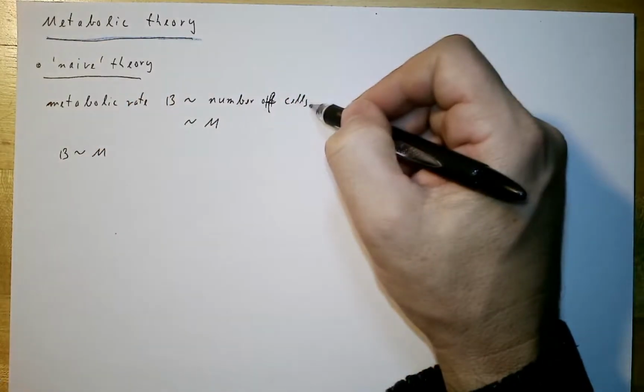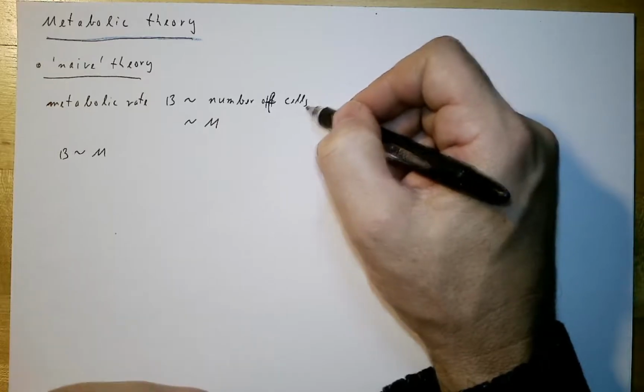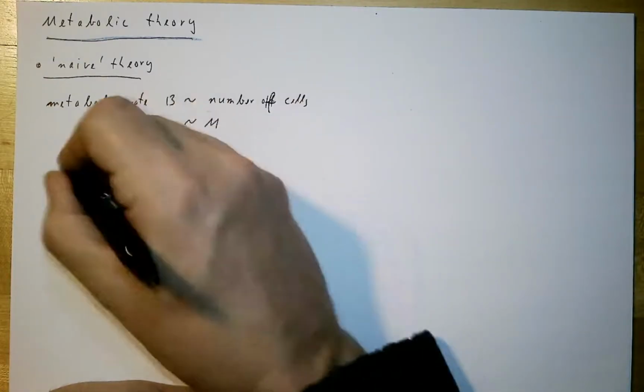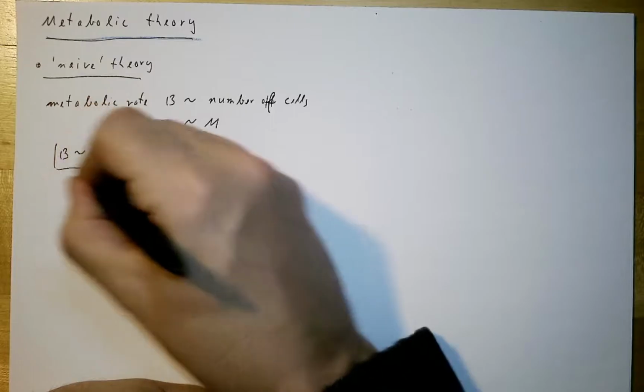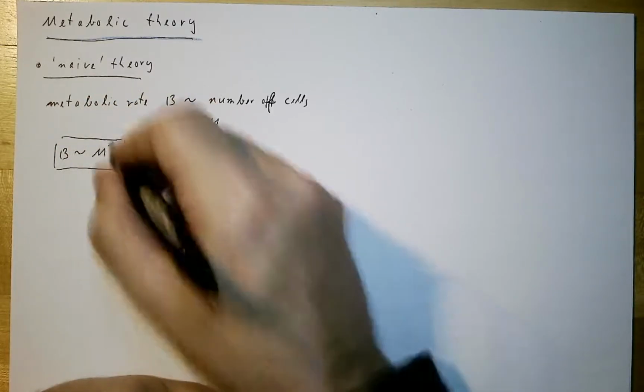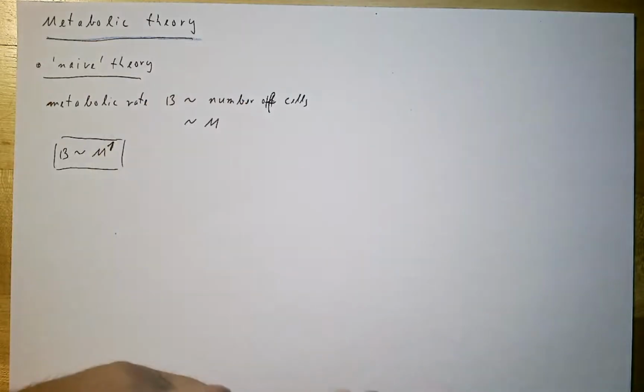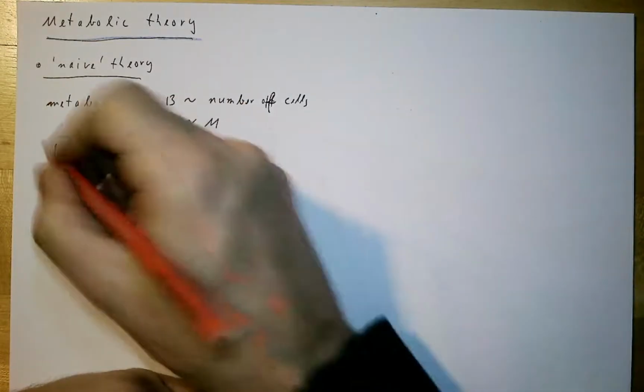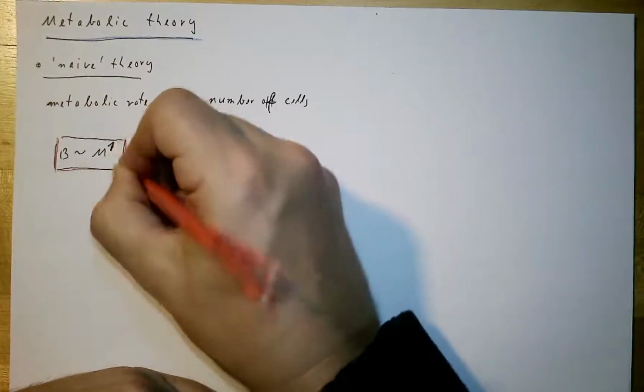Every cell more or less has the same weight, and then we would expect that the metabolic rate scales as the mass to power 1. Yeah, and that would be the most naive or most basic finding.